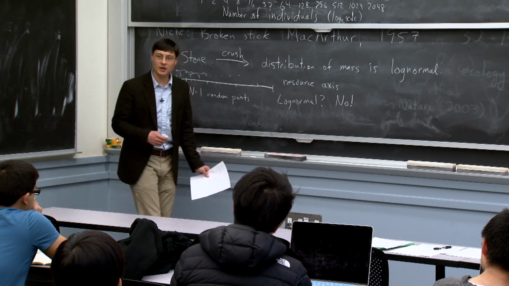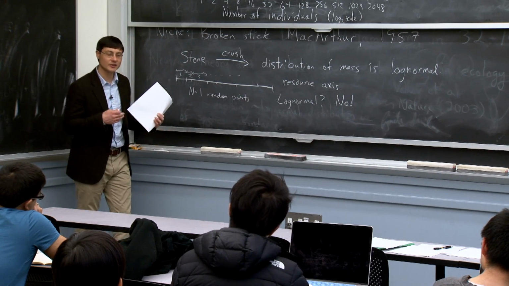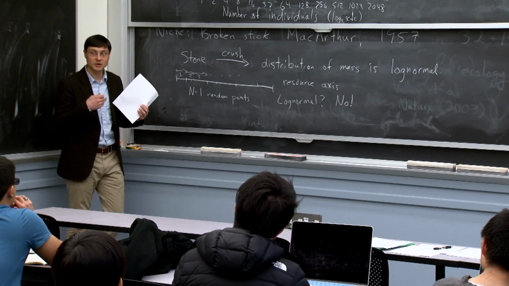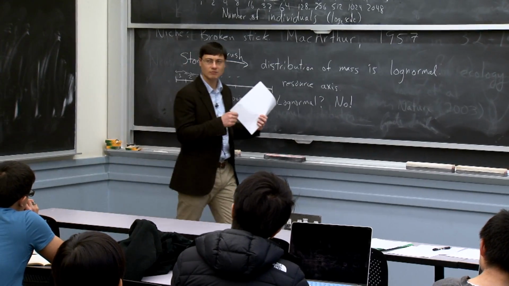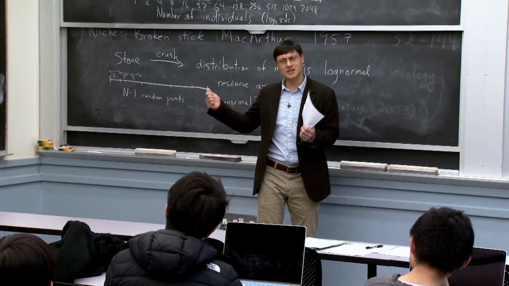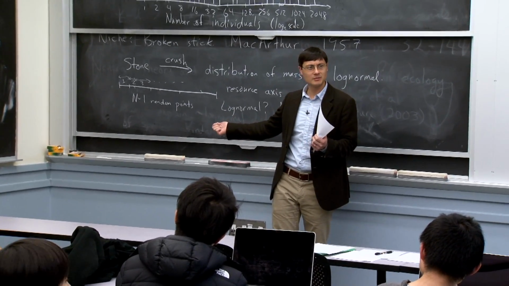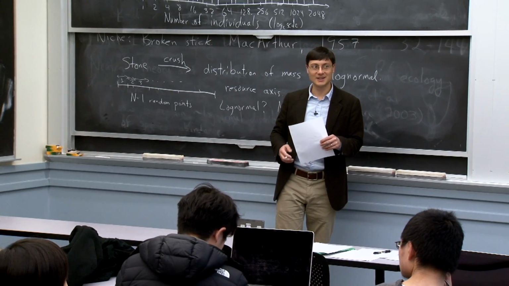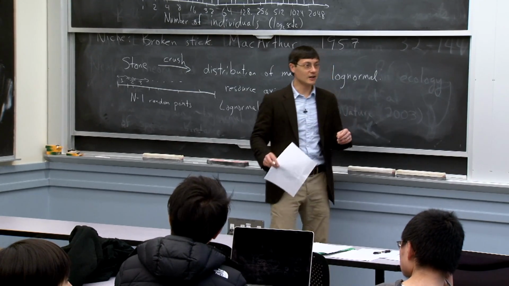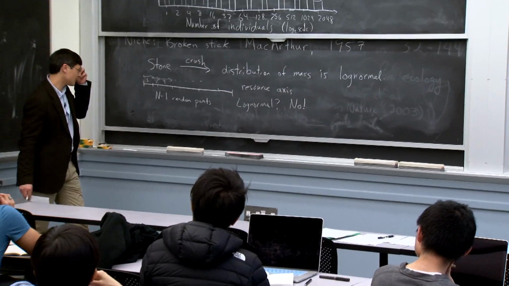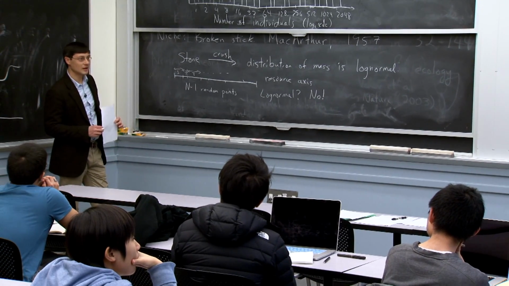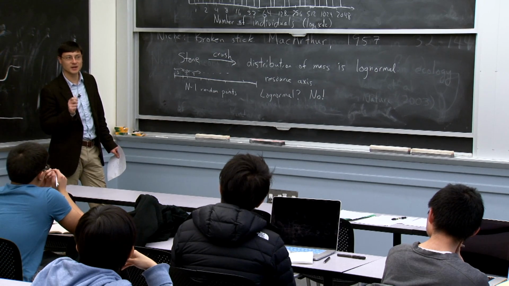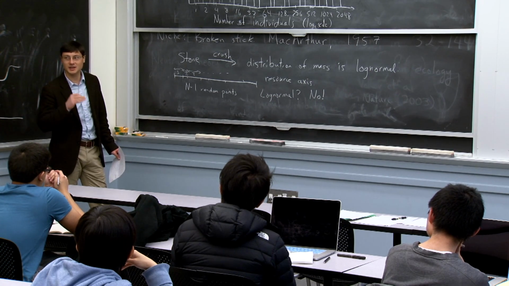Because if we were just traveling along this resource axis at a rate that's exponentially distributed, like a Poisson rate, and we just dropped points, that's something very similar to this random process, except you're limited in the number. Is that not true? I'm a little bit worried. I'm not 100% confident. Depending on how I look at this, I get different distributions.